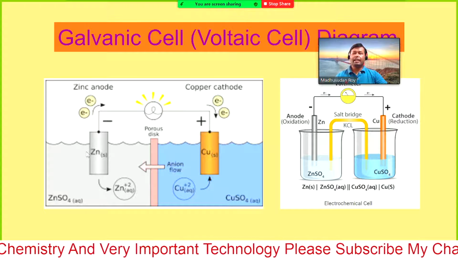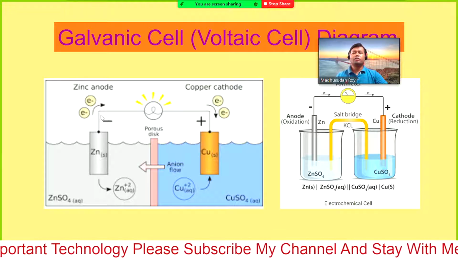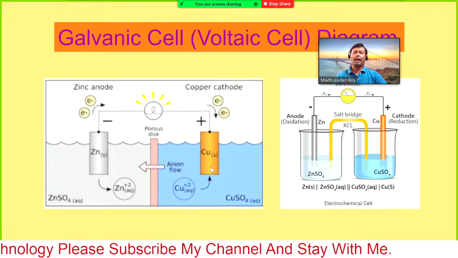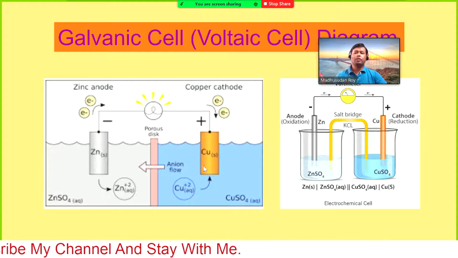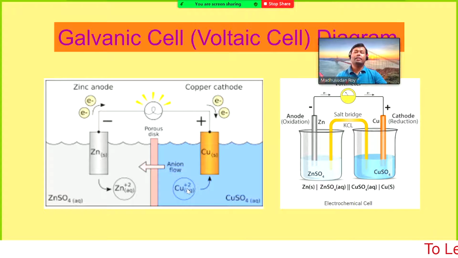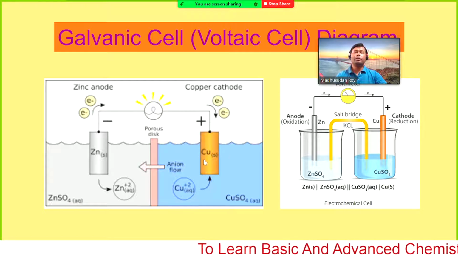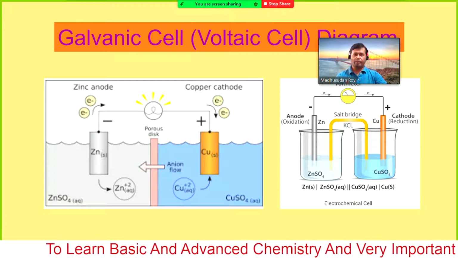So the electrons reside here, and the electrons can pass through the wire to the other electrode. After getting the electrons, the ions in the electrolyte take the electrons and form atoms or molecules, and they combine into the electrode. That is the simple function of the galvanic cell.